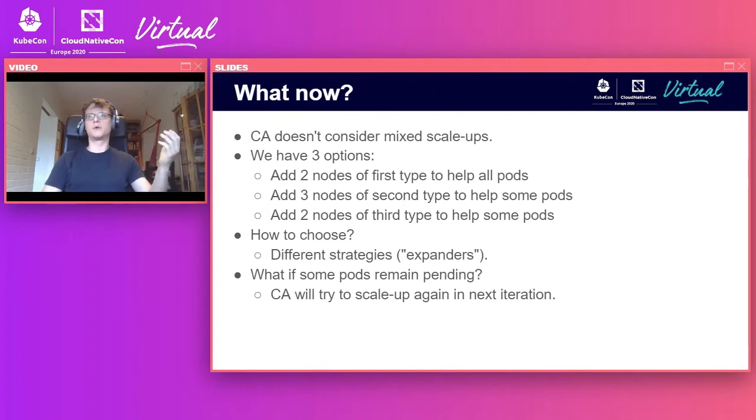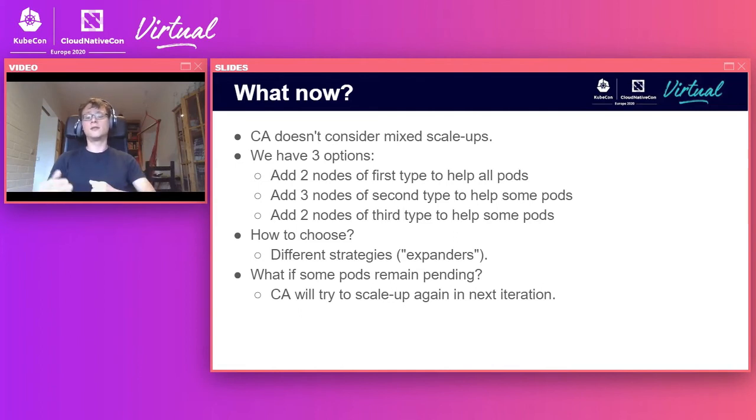That's particularly useful when you have some much cheaper instances, like maybe spot or preemptible instances. Or you can implement your own expander. It's actually a simple Golang interface, and it's not very hard to implement one.